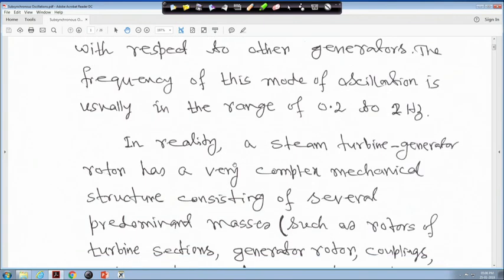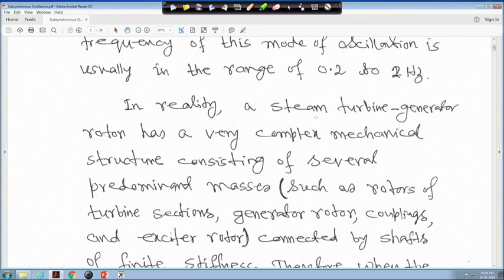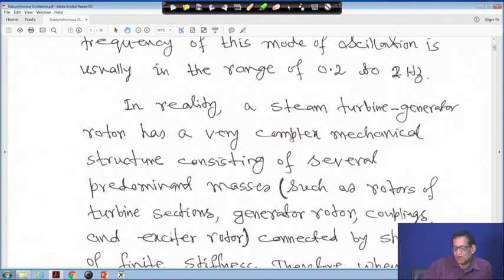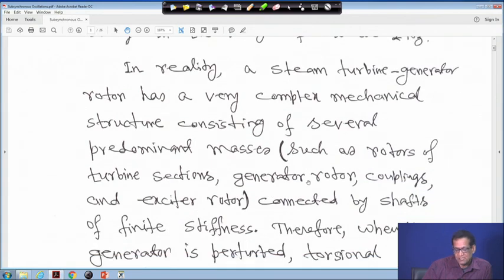Now, in reality, a steam turbine generator rotor has a very complex mechanical structure consisting of several predominant masses, such as rotors of turbine sections, the generator rotor, couplings if there are any, and an exciter rotor, connected by shafts of finite stiffness. So, the stiffness of the shaft we will assume.